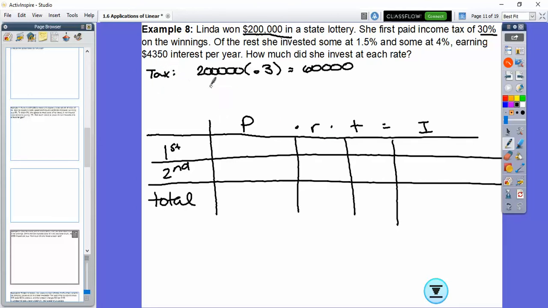So how much does she actually have? You have to subtract that away. So we only really have $140,000 to deal with. So where does that number go? It is my total principal, my starting amount.